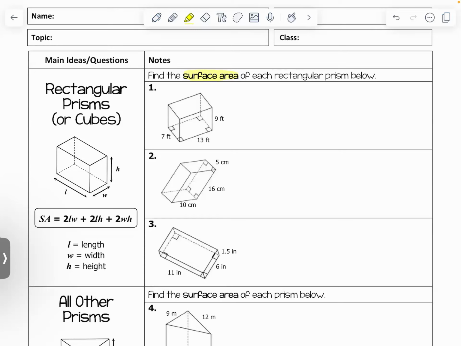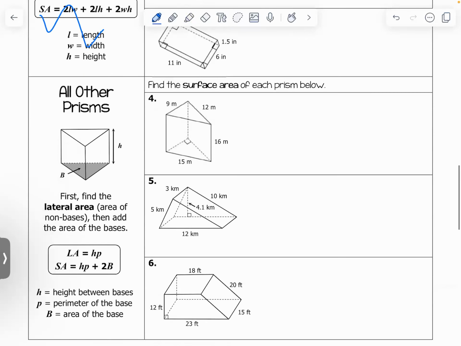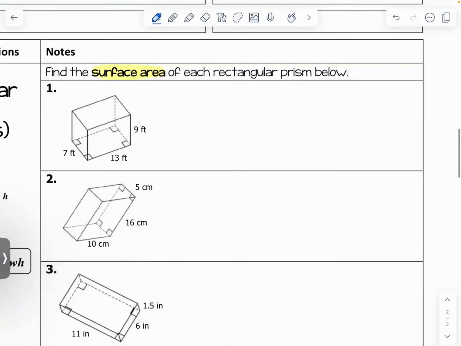Do you see where it has these formulas over here? I don't really care about those. What I want you to focus on when we find the surface area is to find the area of all of the faces and add them together. So what is the area of each face added all together?